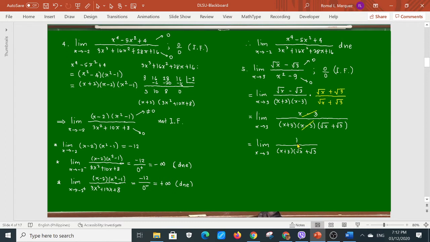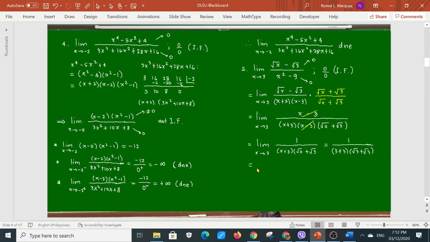What's the limit of the numerator? 1. What's the limit of the denominator? This is 3 plus 3 for the first factor, and the second factor is the square root of 3 plus the square root of 3.